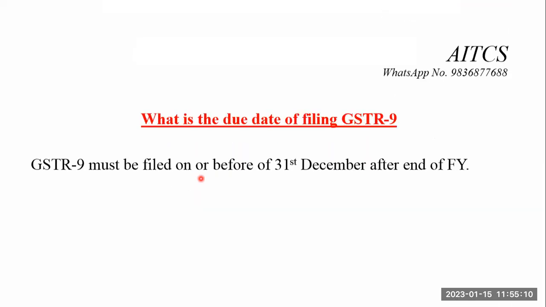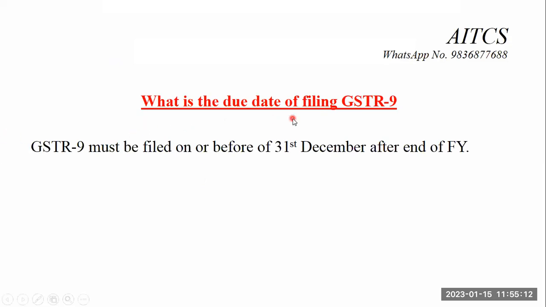Next is, what is the due date of filing GSTR 9? GSTR 9 must be filed on or before 31st December after the end of the financial year. This is the original due date for filing of GSTR 9. If it is not extended by the government, then the due date falls on 31st December every year, after the end of the financial year.